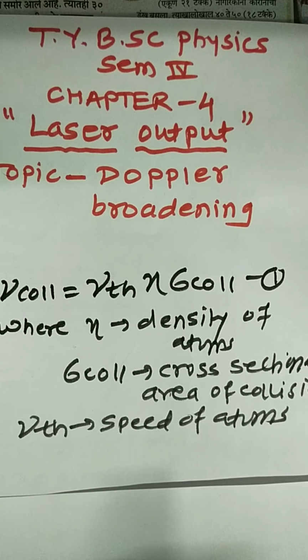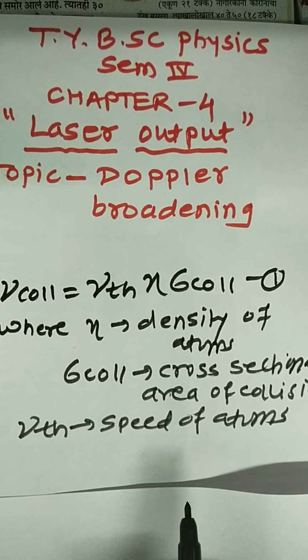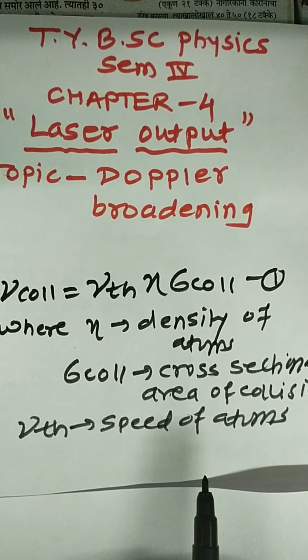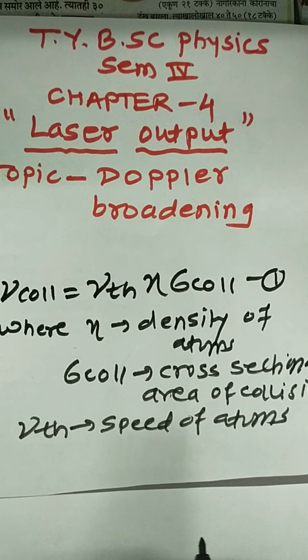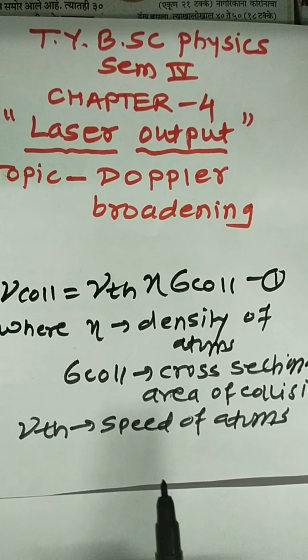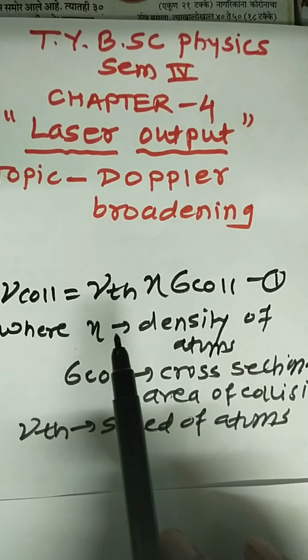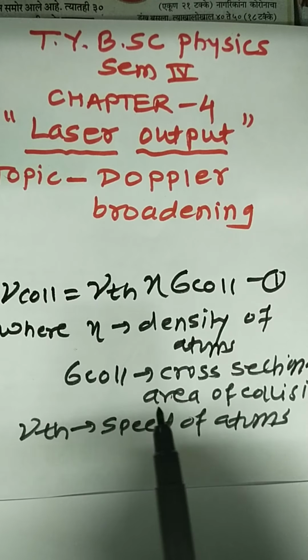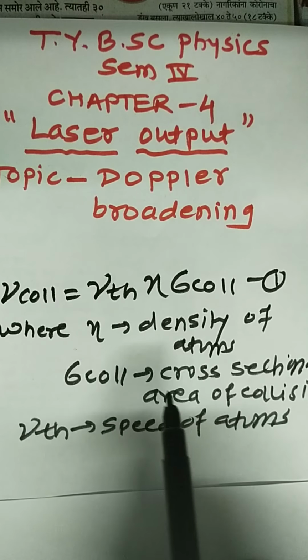It results from atomic or molecular collisions in a gas or in a solid. Collision broadening is homogeneous, and collisions cause random phase jumps in the wave function. Therefore this broadening of the emission and absorption lines is called collision broadening.